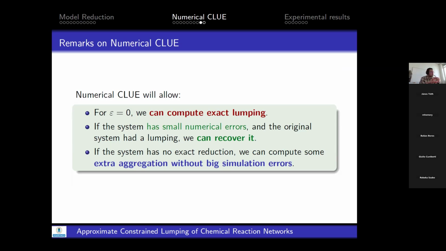So you gain in the sense that you get a smaller system, but then you pay an error in the simulation. It's something you have to deal with at some point. In fact, whenever you have numerical CLUE, you will probably have a numerical error in the simulation, so you need to be very aware of that.